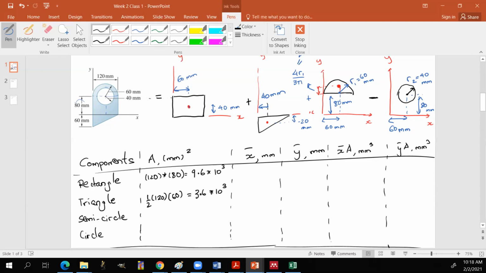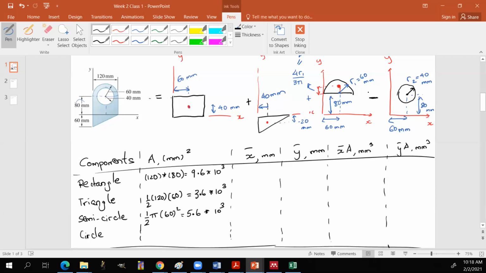Semicircle. What is the area of a semicircle? Half times pi r squared, right? So the radius of this one is 60. So half times pi times 60 squared, which is equal to how much? 5.6 times 10 to the 3. All right, and then we have the circle.